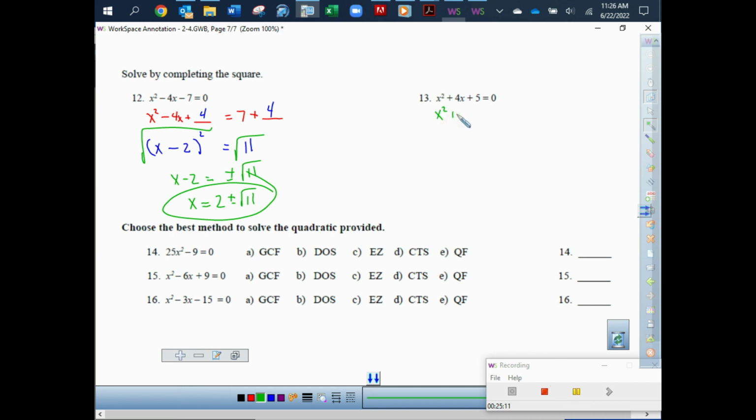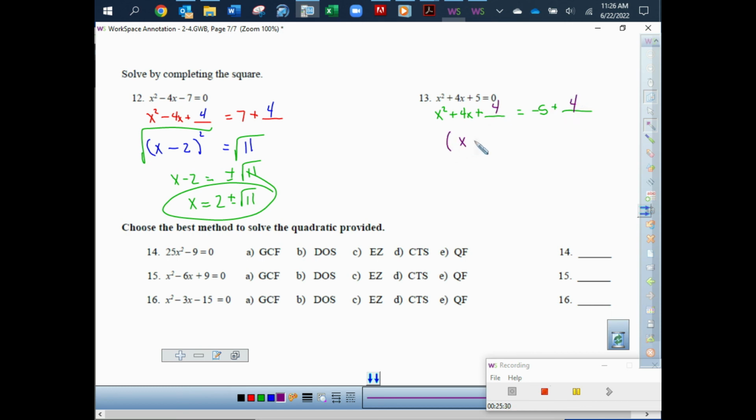X squared plus 4x plus blank equals, move that over, negative 5 plus blank, and then fill in the blank. Half the b value squared, 4.